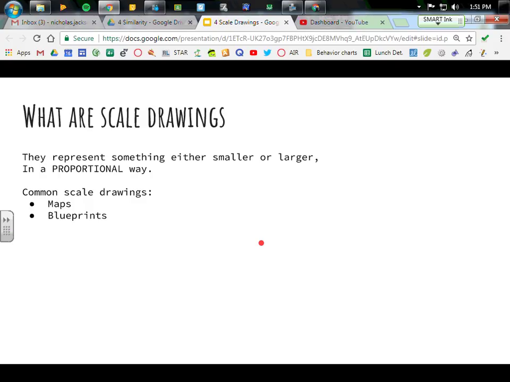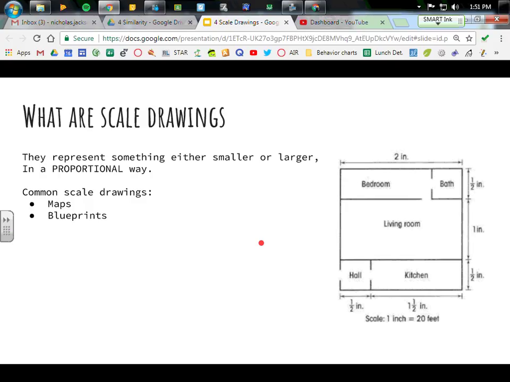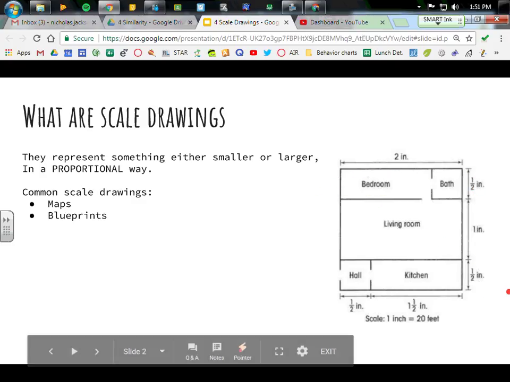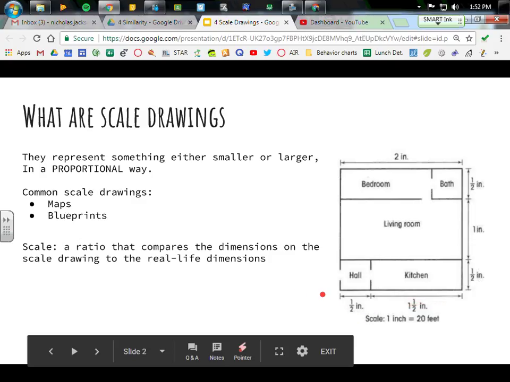Blueprints are another good example. Here's an example of a blueprint of an apartment where we have all of our rooms squared off, and we have the dimensions of the blueprint in inches on here, so it shows you every room, what the dimensions would be, and then we have what's known as a scale down here at the bottom of our blueprint.